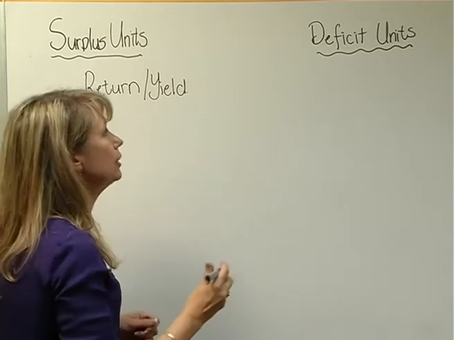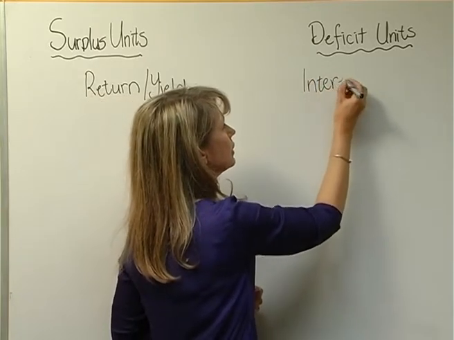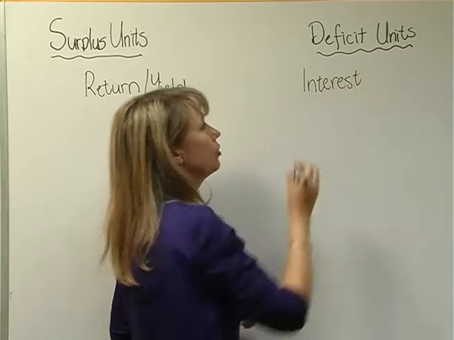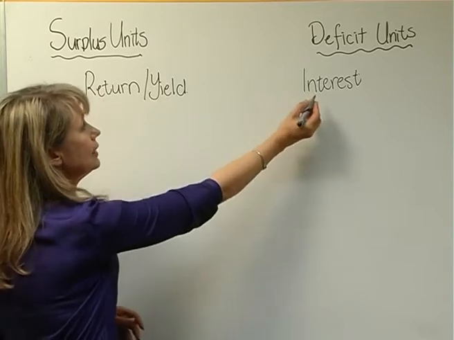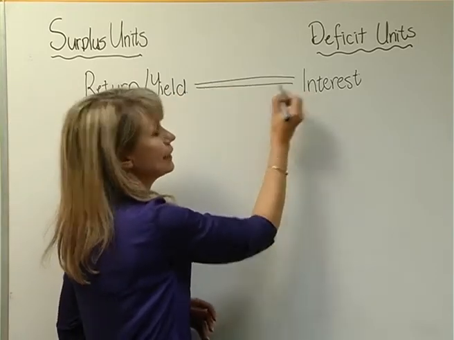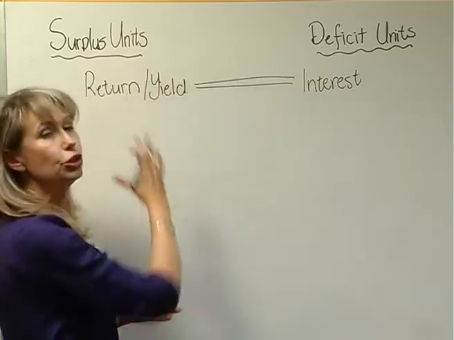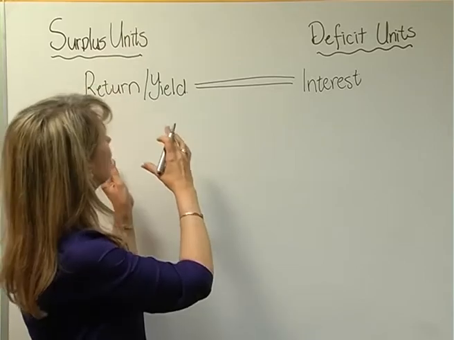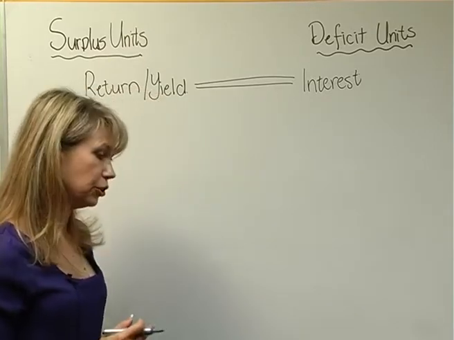Now the deficit units are going to have to pay interest on the funds that they have borrowed. So you can see that this interest and this return will actually be the same thing. It will be equal. This interest goes to the surplus units in return for lending these funds to the deficit units.